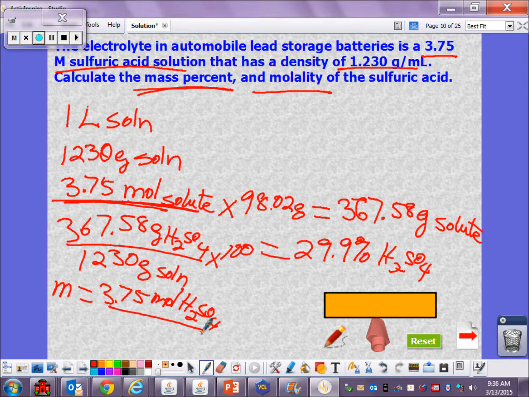Okay, let's go. Do we have the liter of the solution, which is 1 liter? Do we have the volume of the solute? No, we don't have it. We have the mass of solution. Okay, molality, moles of the solute. Do we have the volume of the H2SO4?